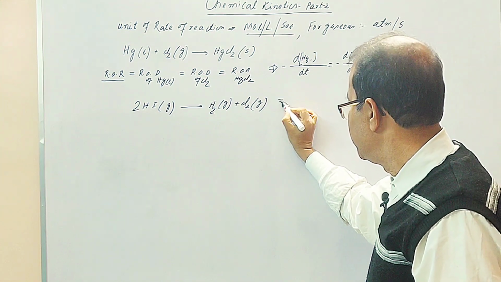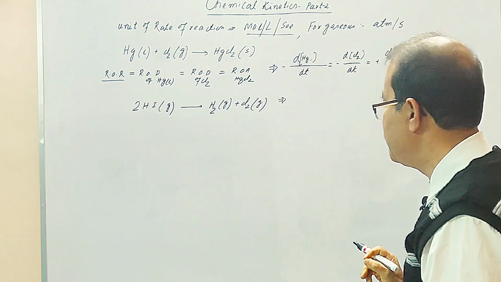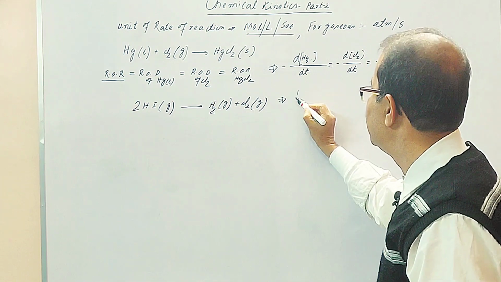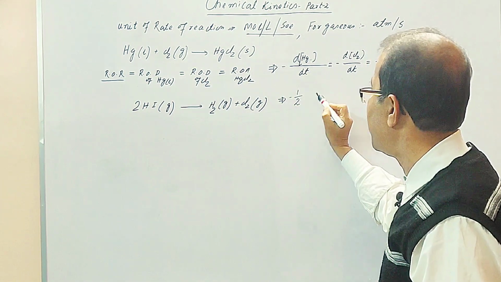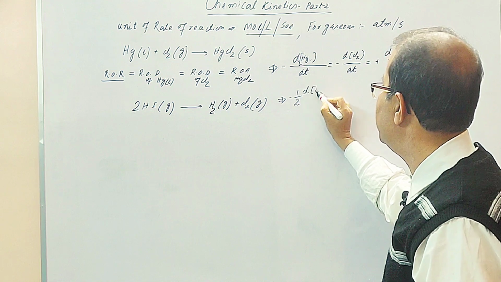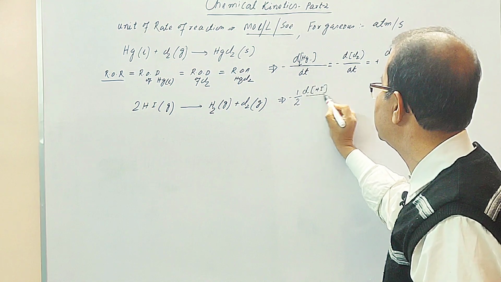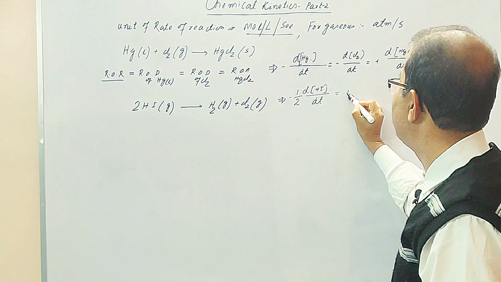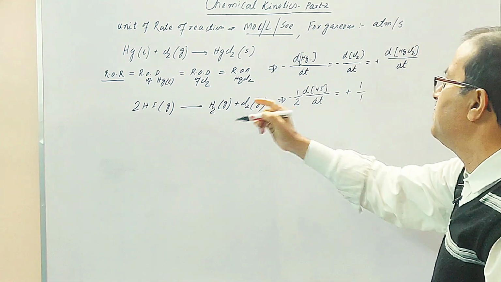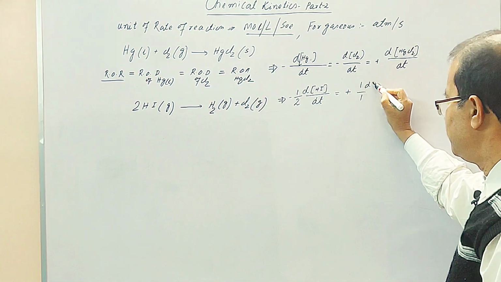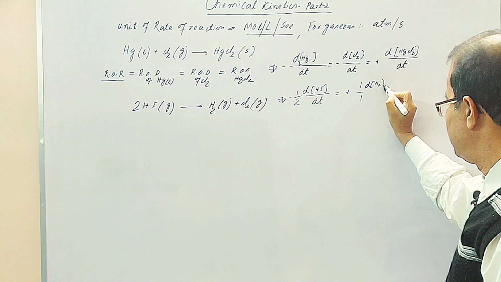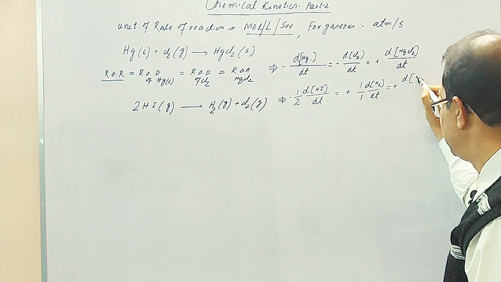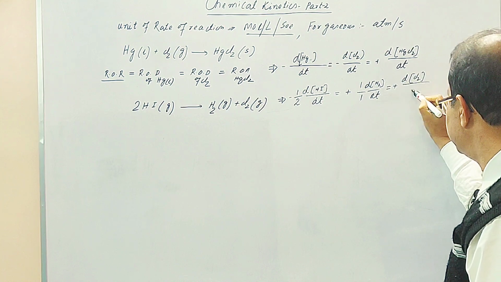Here you have to write the rate, but it will be different. You have to divide by the stoichiometric coefficient. So in this case, minus half d[HI]/dt, the concentration change of HI, is equal to plus 1 by 1 d[H2]/dt, because the stoichiometric coefficient is 1, which is equal to d[Cl2]/dt.